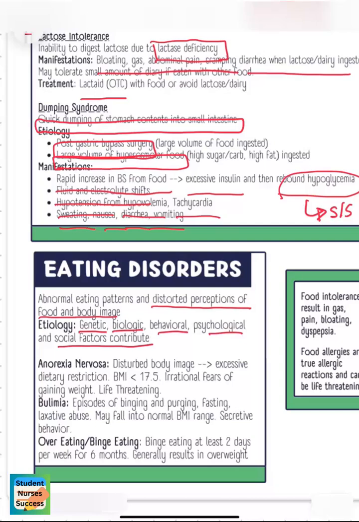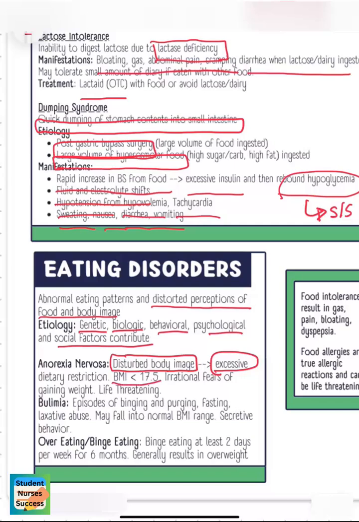Anorexia nervosa is really defined as a disturbed body image that results in excessive dietary restriction. These individuals actually see themselves as overweight when they look in a mirror, even though they may be quite thin. They just have this distorted appearance of their own body.